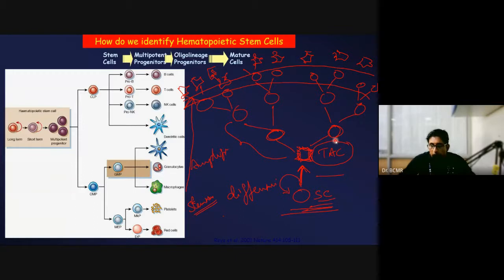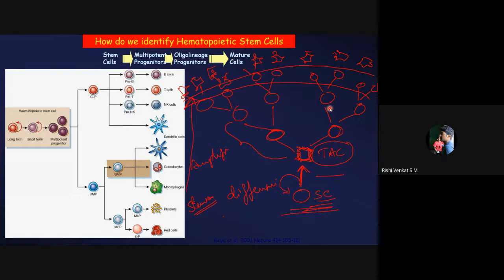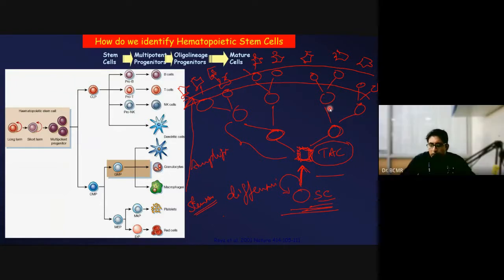Okay, did I answer your question, Rishi? Yes, sir. So basically, they undergo very little self-renewal and differentiate easily. Yes, you can say that. Or it is something like this: we cannot probably use the word self-renewal as such, because once it forms, it rapidly divides and eventually forms the terminally differentiated cells.